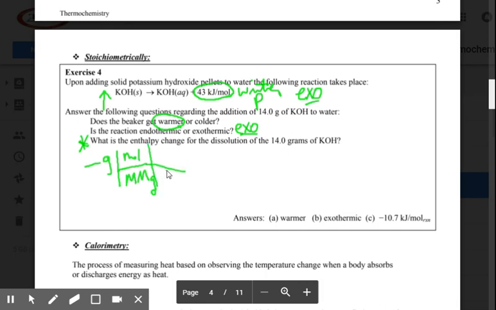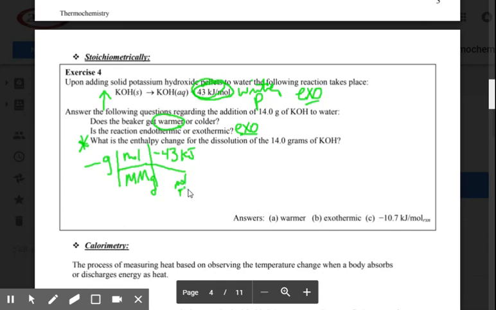In the next stitch, we're going to incorporate our delta H value that's given in the reaction, and also how many moles of that substance are in the reaction. Since this is exothermic, it will be negative 43 kilojoules per mole reaction.